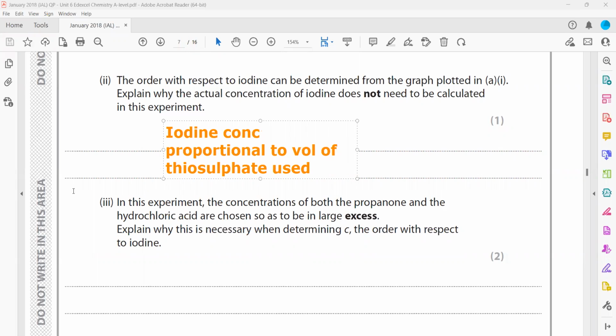In this experiment, the concentrations of both propanone and hydrochloric acid are chosen to be in large excess. Explain why it is necessary to determine c, the order with respect to iodine.